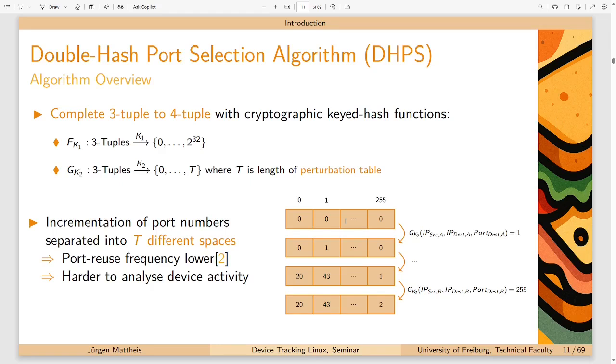A perturbation table is basically a table with values, and it has the task to separate the incrementation of port numbers into different spaces.